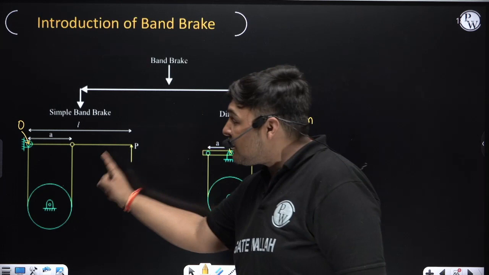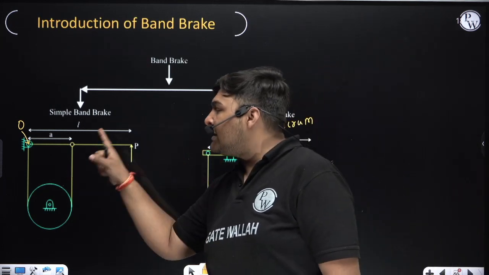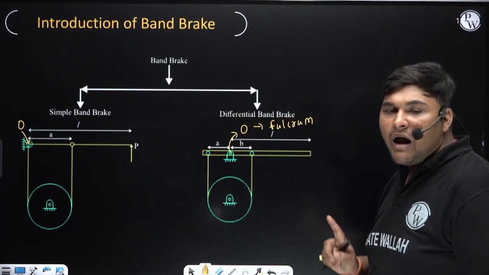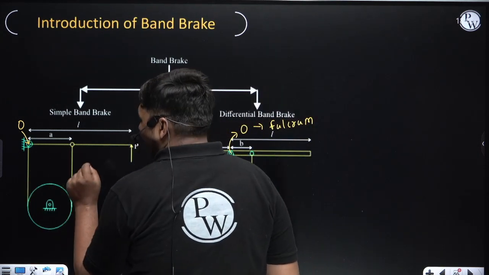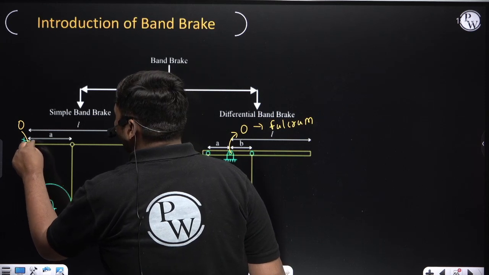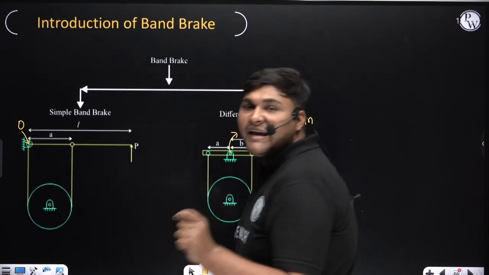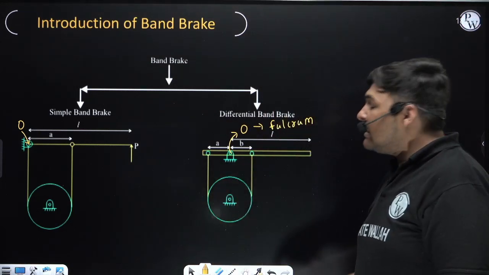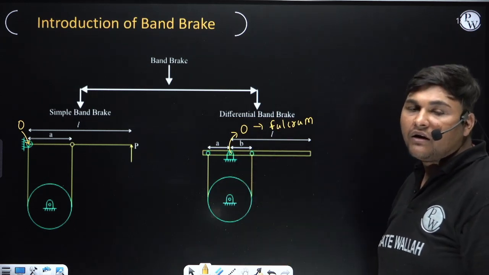Now what is the difference between the first diagram and the second diagram? In both diagrams, both sides of the band are pivoted to the lever. But in the first diagram, one side of the band is pivoted at the location of the fulcrum, while in the second diagram, none of the sides of the band is pivoted at the fulcrum.